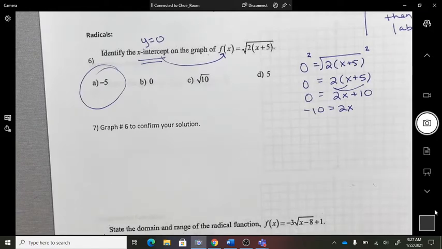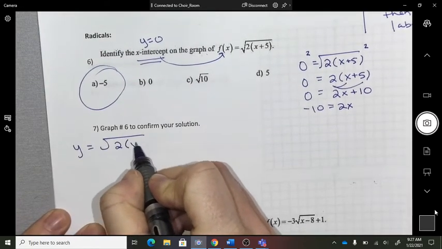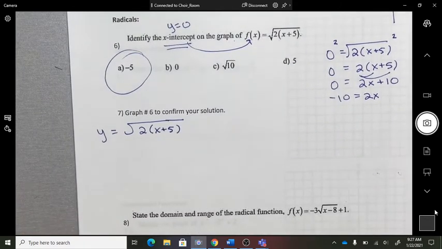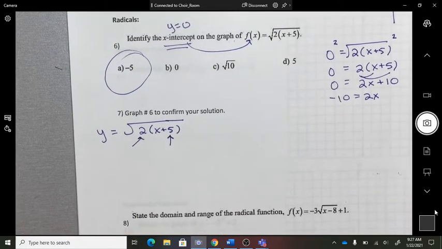Okay, now let's graph this function. What kind of letters do you have? A, B, C, D, your transformation letters. Do you know how it would look generically?